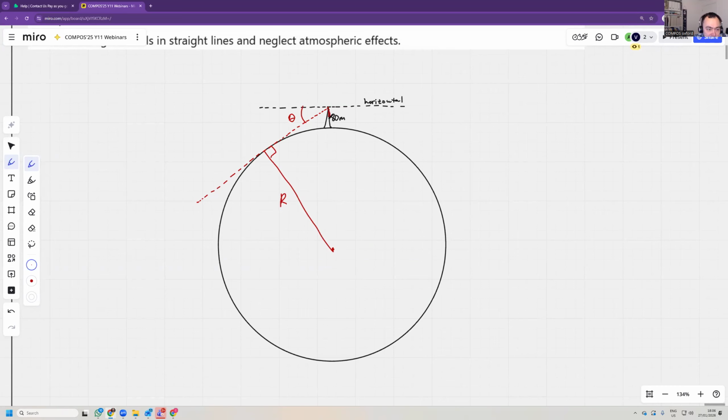And if we draw like this, this side of the triangle is r plus 80. If this is theta, then this is pi over 2 minus theta. And if this is pi over 2 minus theta, then this is also theta.